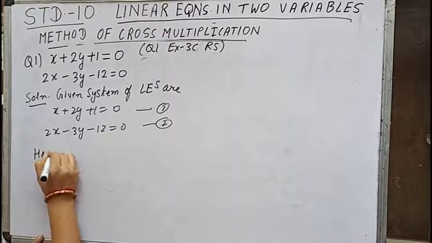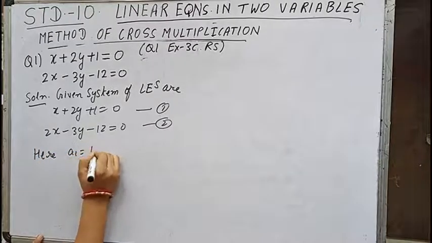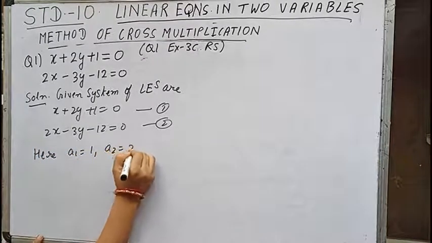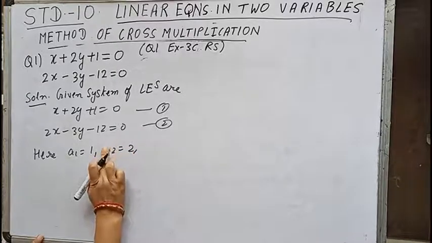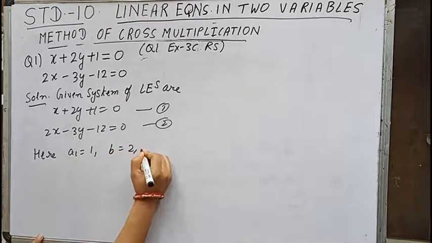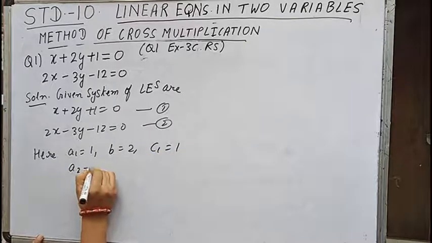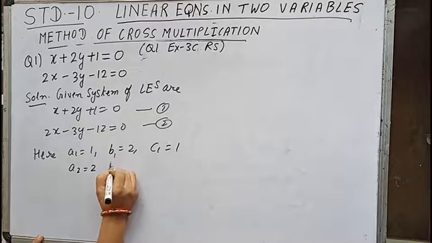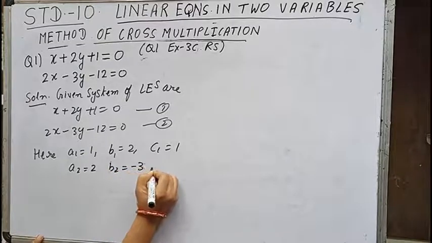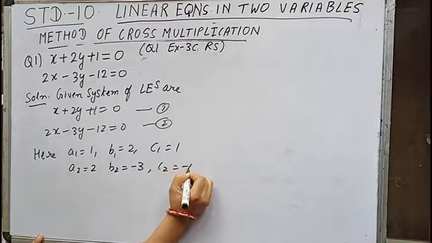Now you write here a1 equals to 1, b1 equals to 2 and c1 equals to 1. a2 equals to 2, b2 equals to minus 3 and c2 equals to minus 12.